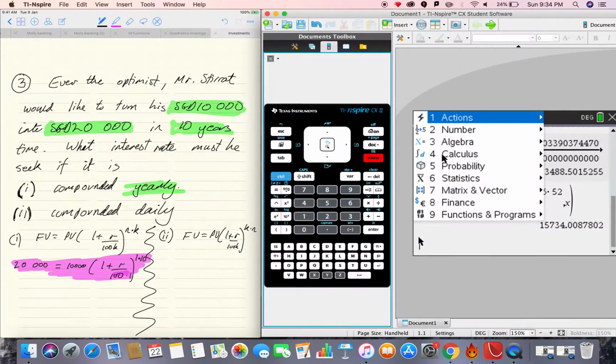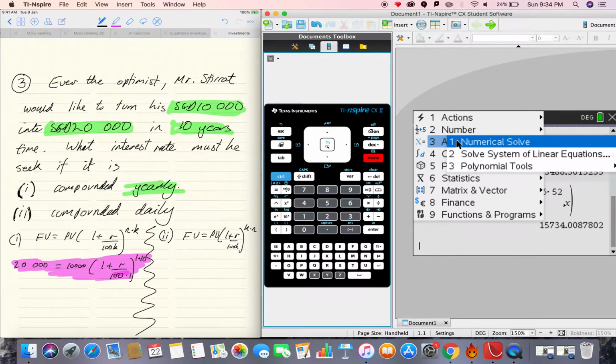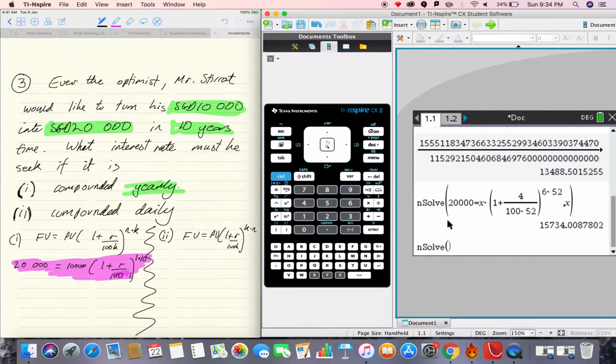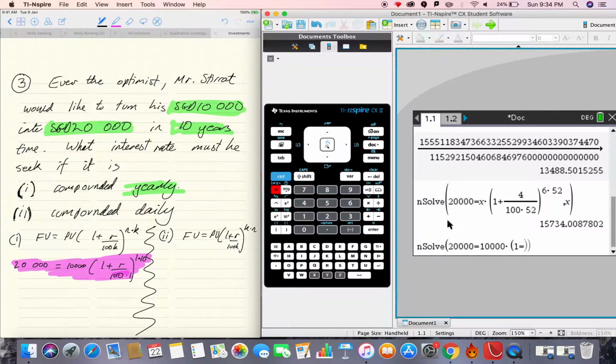Menu, algebra, solving an algebraic equation, and numerical solve. And we just type in the exact equation: 20,000 equals 10,000 times, open bracket, 1 plus, and r is what we're trying to solve for.